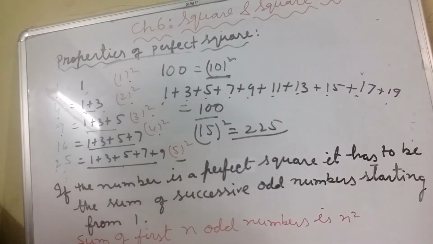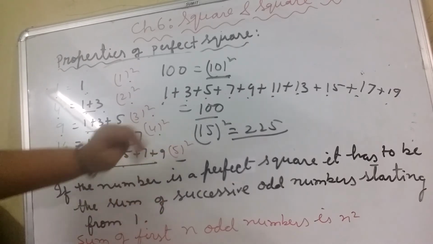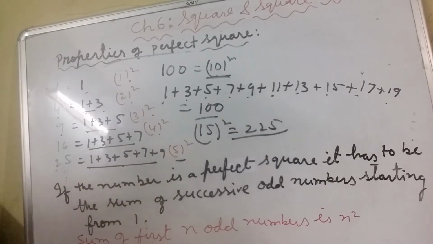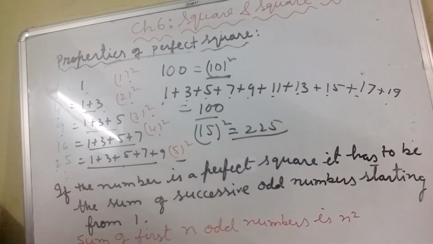So if a number is a perfect square, it has to be the sum of successive odd numbers starting from 1. We can also say the sum of the first n odd numbers is n square. If I say 13 odd numbers, it will be 13 square. You can use that property also.